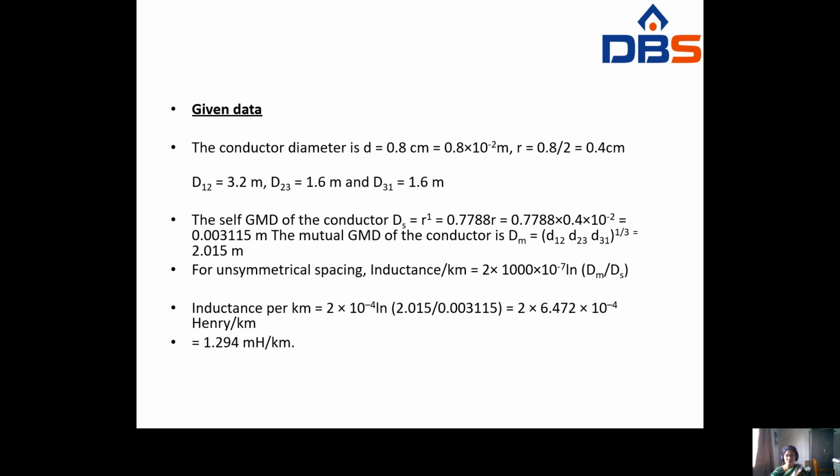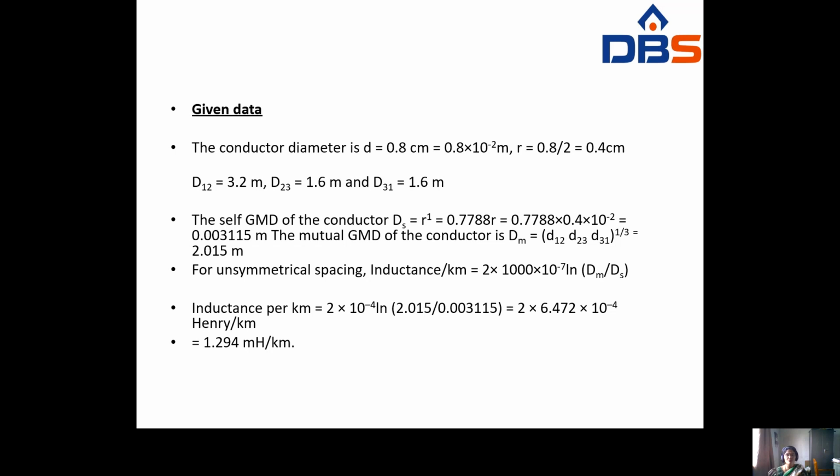So 0.7788 into 0.4 into 10 to the power of minus 2 gives the self GMD value of 0.003115 meters.